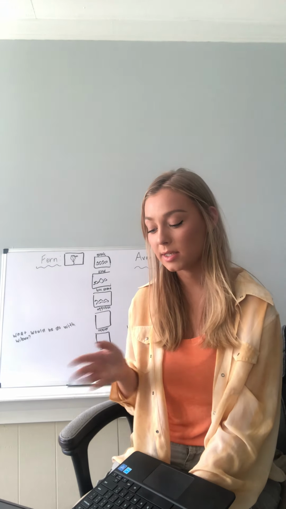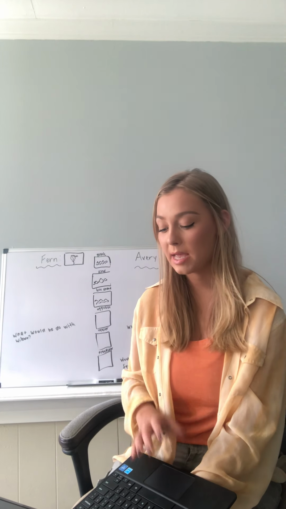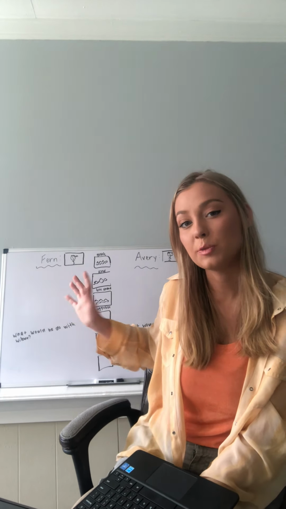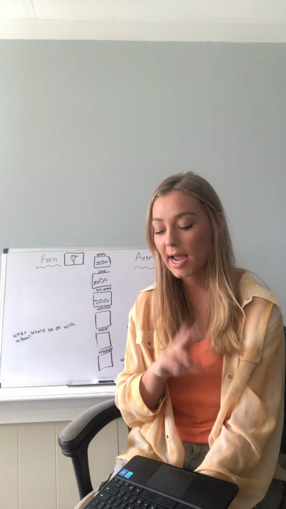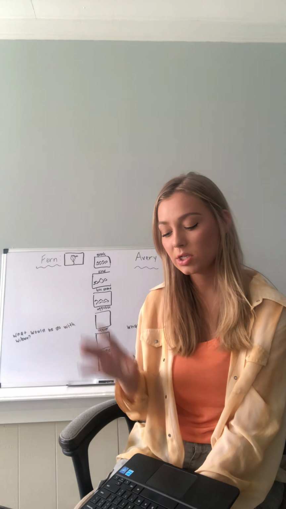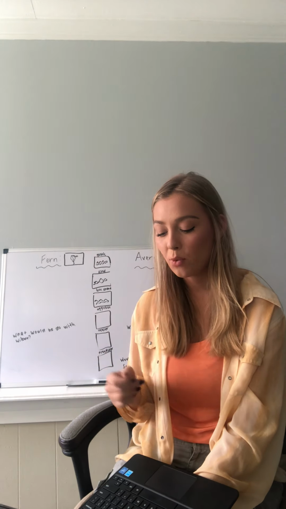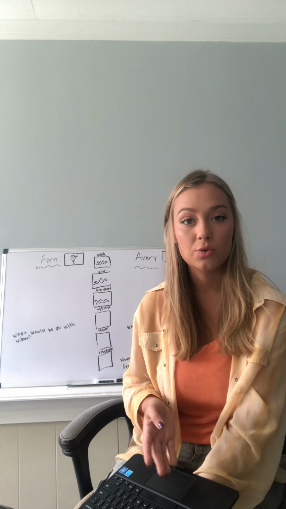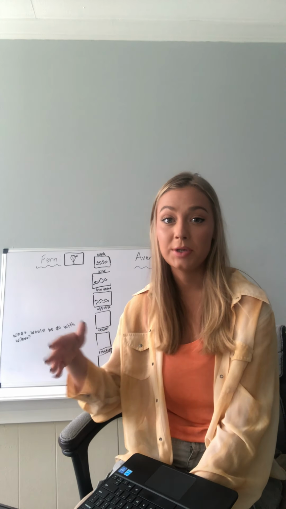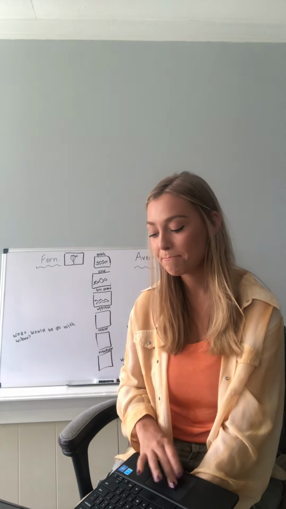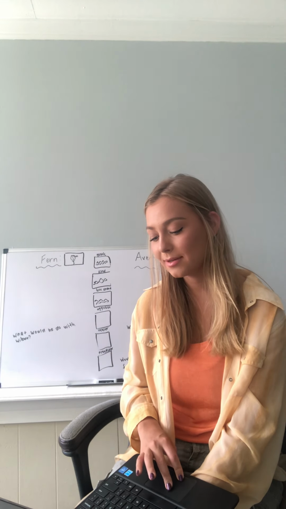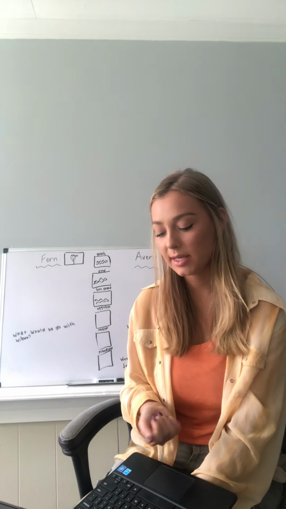The points get deducted the more mistakes they make for the matching section, which is the first part of the activity. Now, the second category is questions and answers. Students get 5 points if they answer all 3 questions correctly. Now the points just dwindle down the fewer questions they answer correctly.